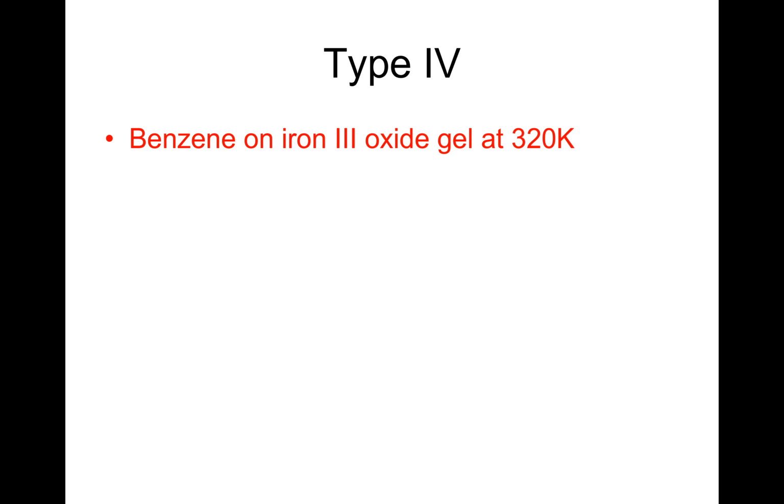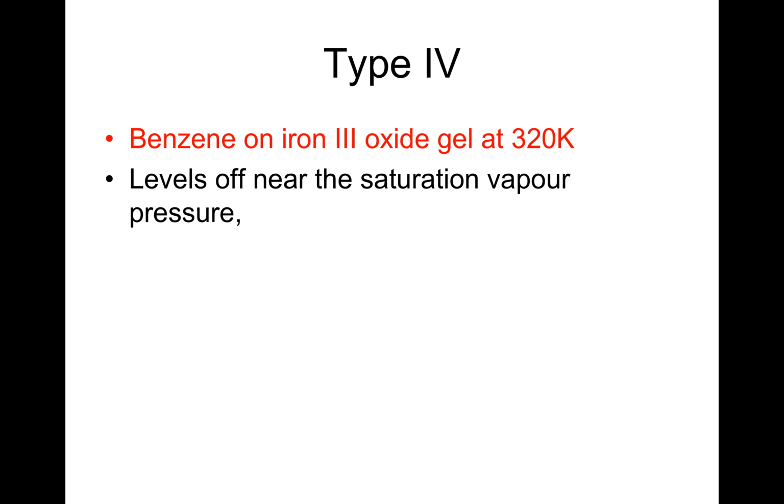Let's jump over to type 4. A very good example of type 4 adsorption isotherm is benzene on iron 3 oxide gel at 320 K. It levels off near the saturation vapor pressure.